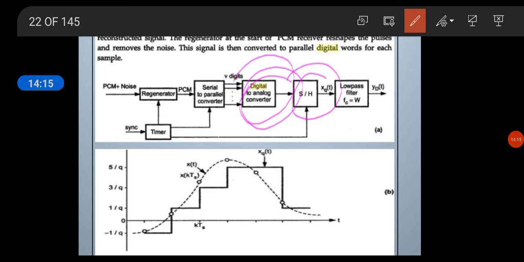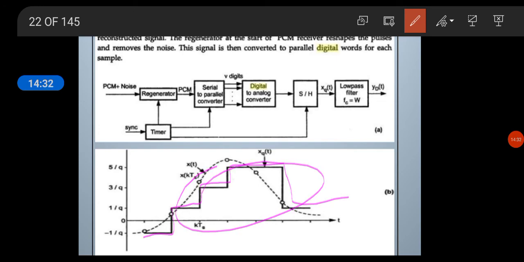After that we perform the sample and hold circuit. After that this is given to the low pass filter. After the low pass filter you will get a smooth signal, x of t, because we have quantized the levels now. This quantization level after the sample and hold circuit is given to the low pass filter. After the low pass filter you will get the smooth output signal.